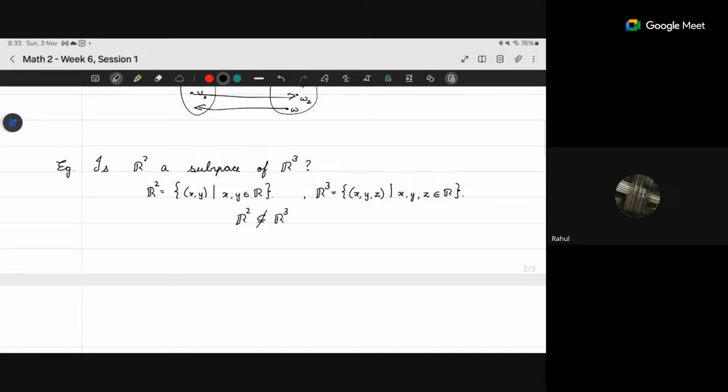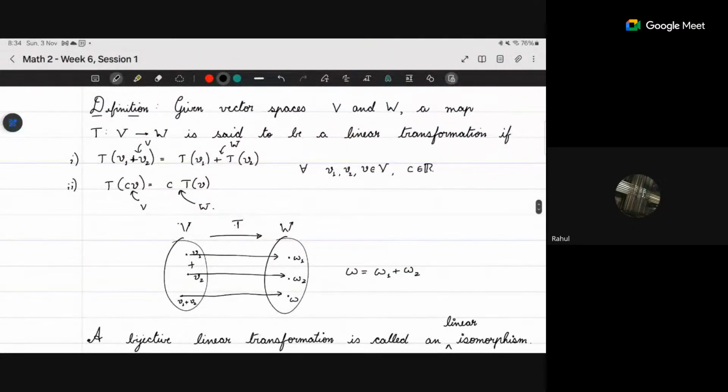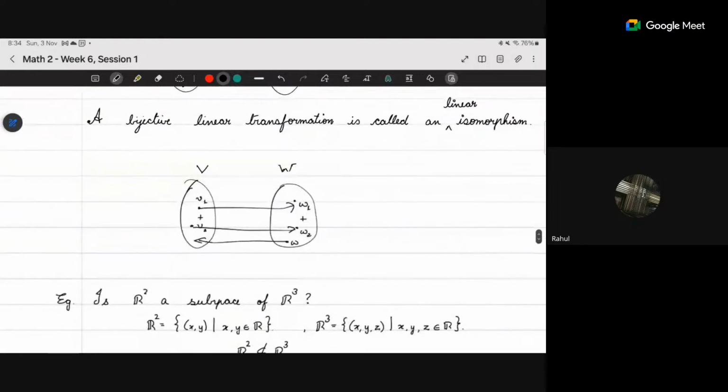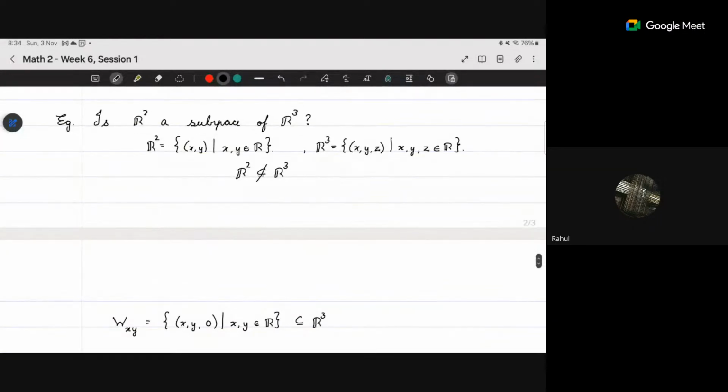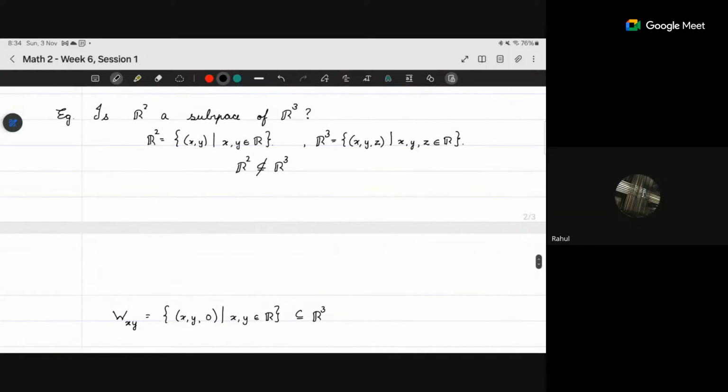This is why formalizing isomorphism and understanding it as something that you already know is a good exercise to do. So when you say xy is xy0, you're actually doing some sort of mapping in your mind which looks like this.